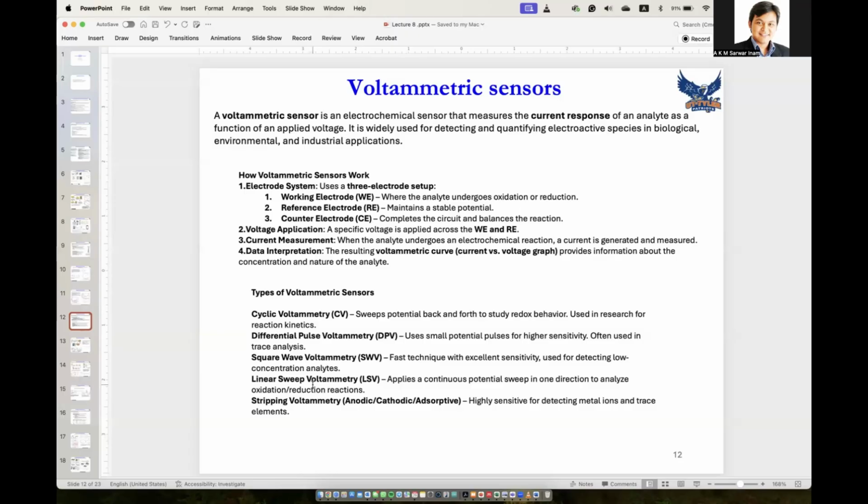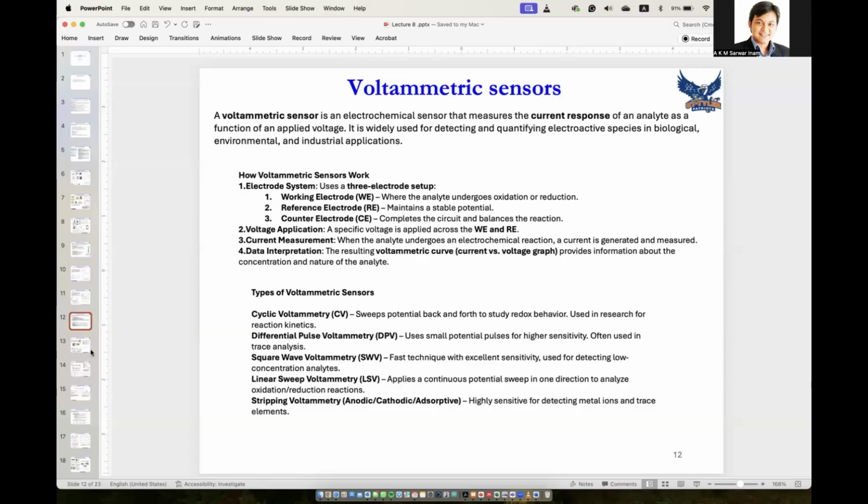The scan is performed in a single direction, either anodic or cathodic, without reversing the potential. So how does it help? It is simpler than CV, but it cannot provide full reversible information unlike CV. So it is limited to single directional redox analysis.